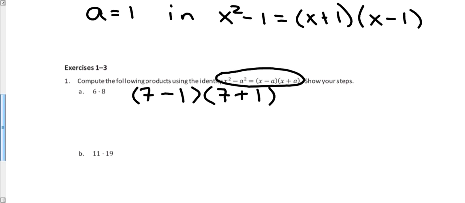Okay? So this is the same as saying this, which is also the same as saying, oh, 7 squared, finish the pattern. If this equals this, what does this equal?